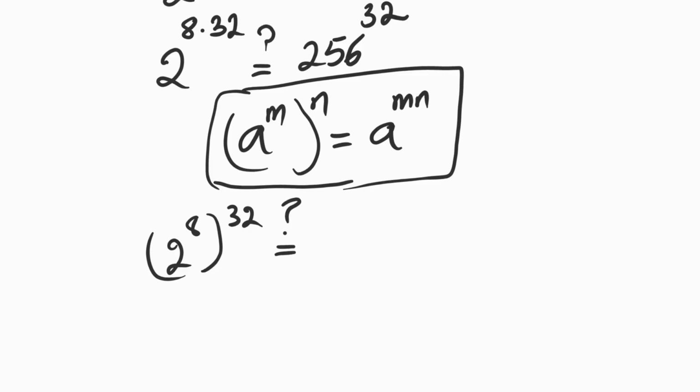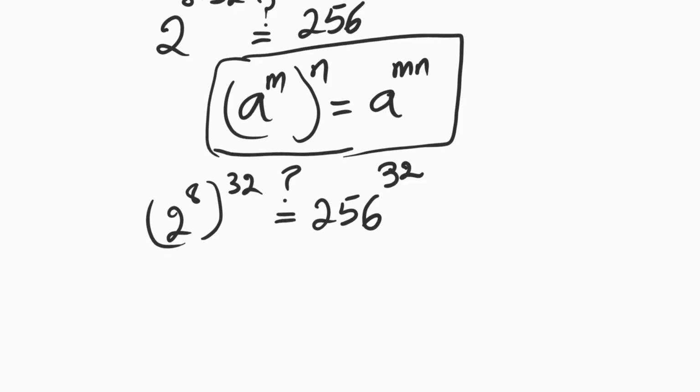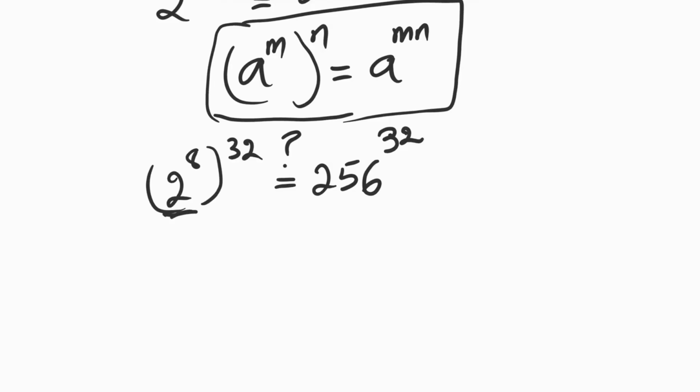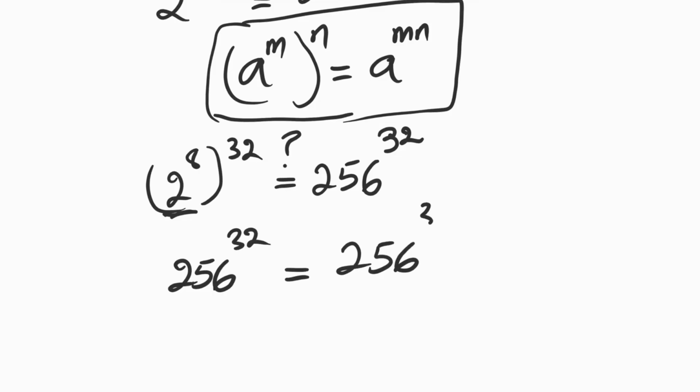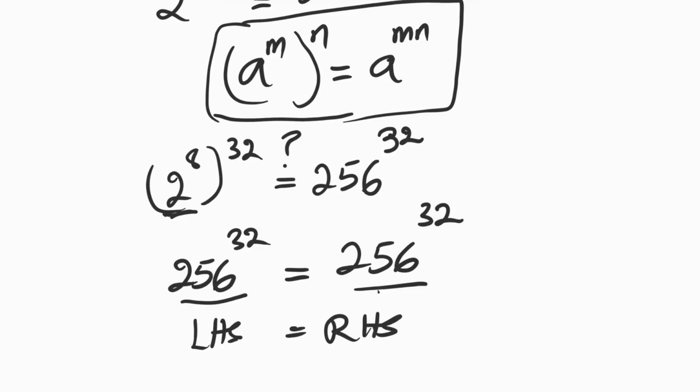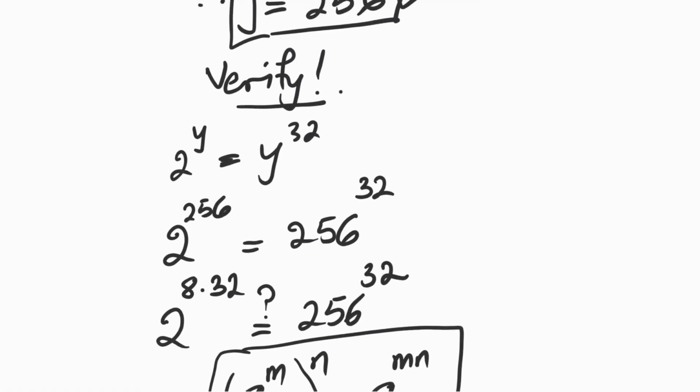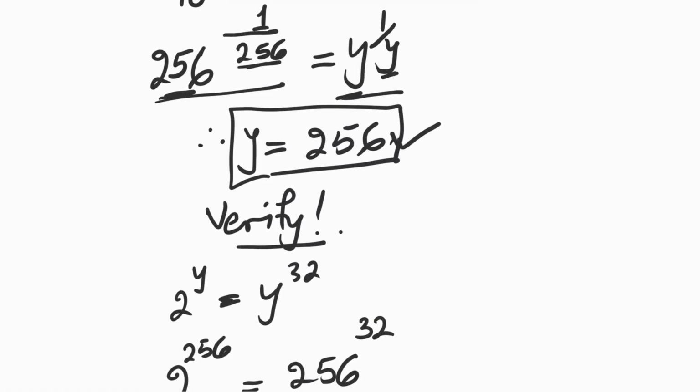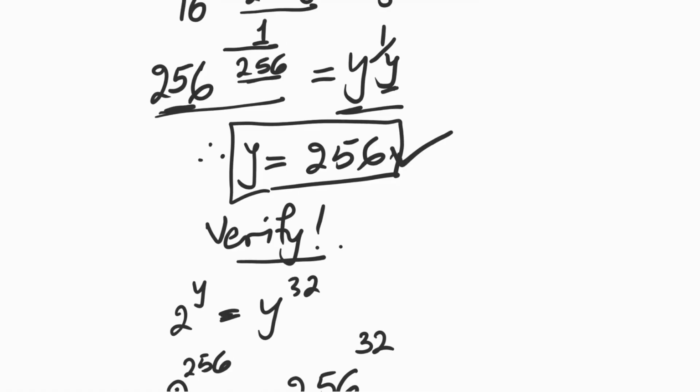We're trying to see if this is equal to 2 raised to the power 256 raised to the power 32. So 2 raised to the power 8 is 256, raised to the power 32. And on the right hand side, we have 256 raised to the power 32. And we can see that our left hand side is equal to our right hand side. Therefore, our value of y, which is 256, is the correct answer.